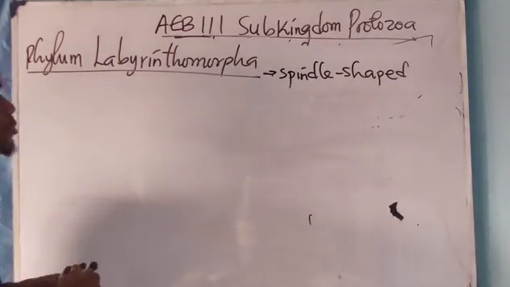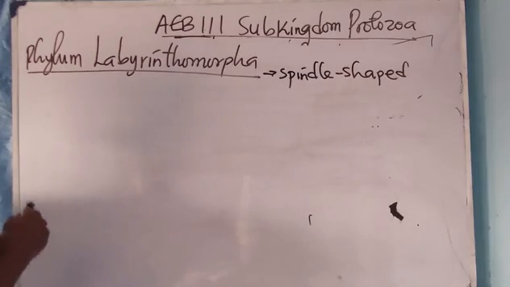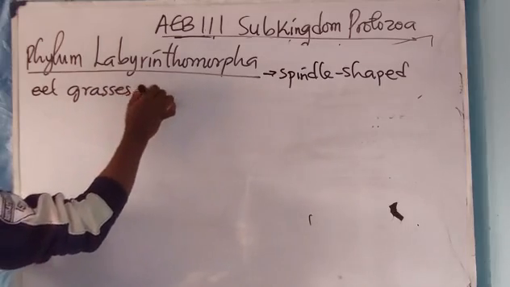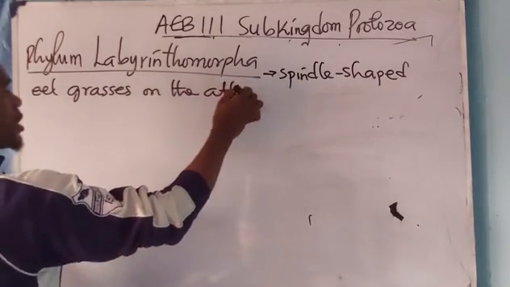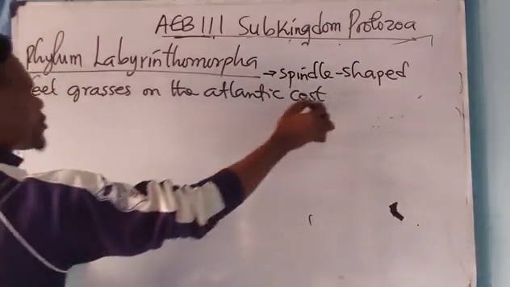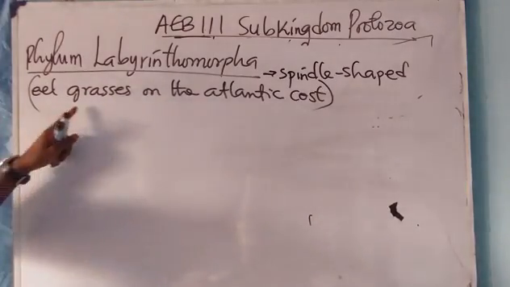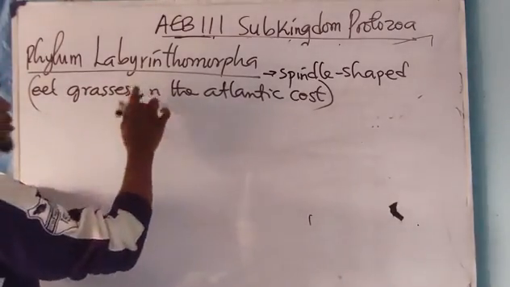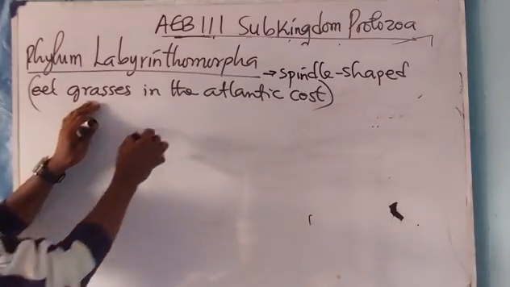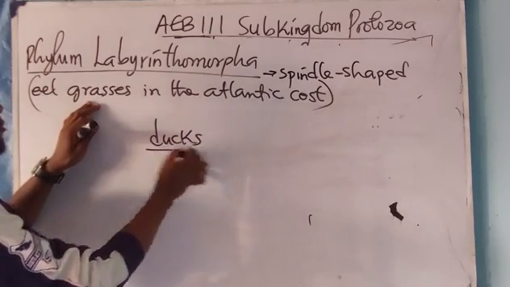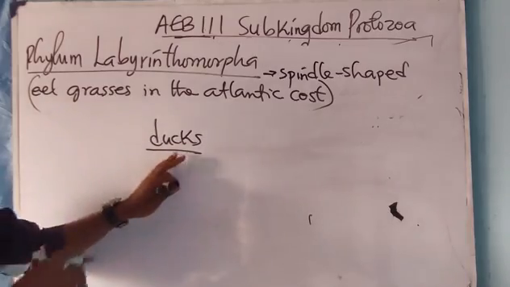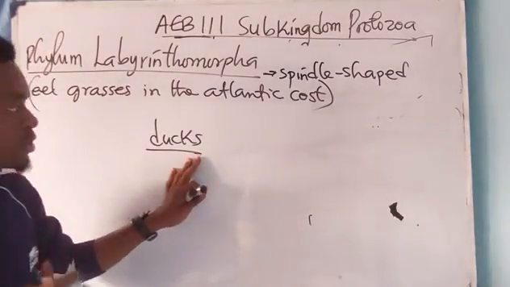These organisms are responsible for the death of eelgrasses in the Atlantic coast. I know that ducks feed on eelgrasses. Because of the death of these eelgrasses, ducks are starved.